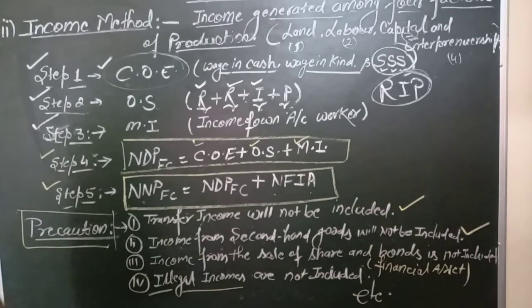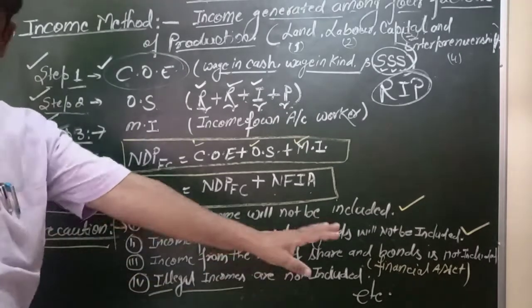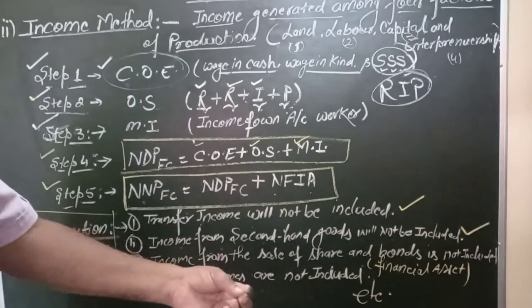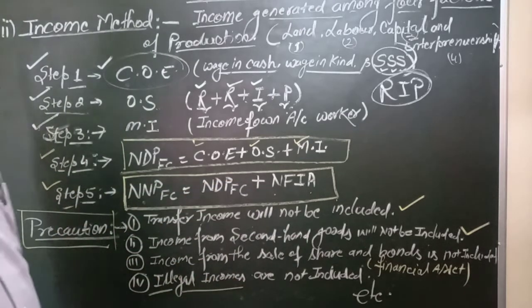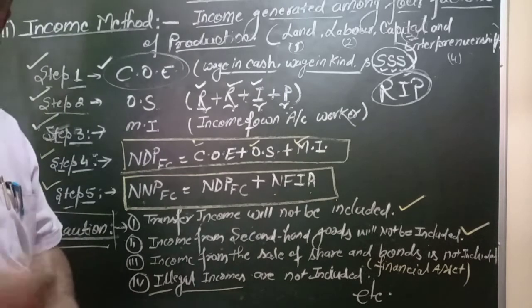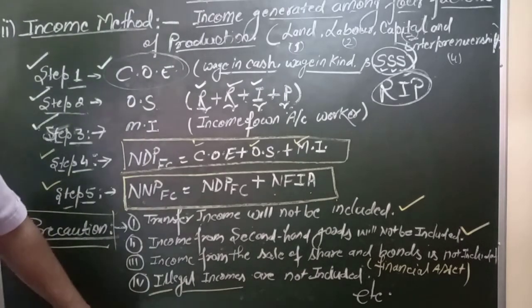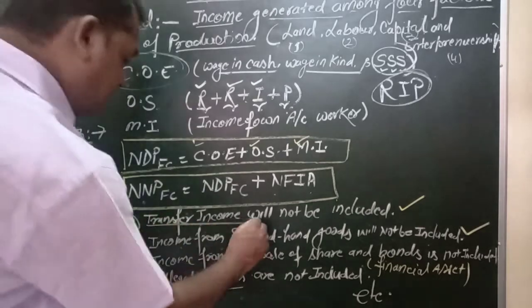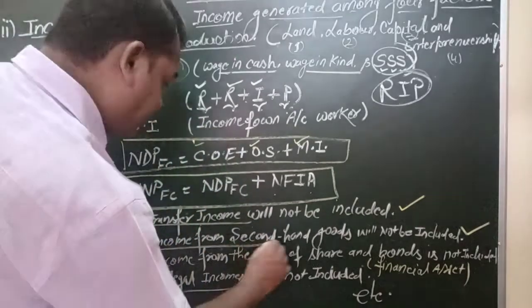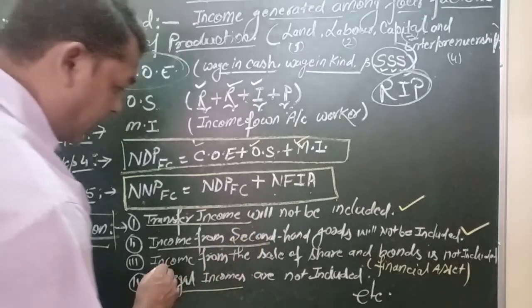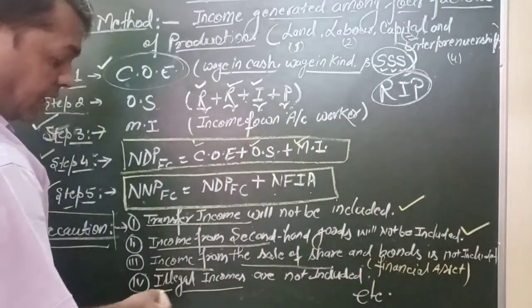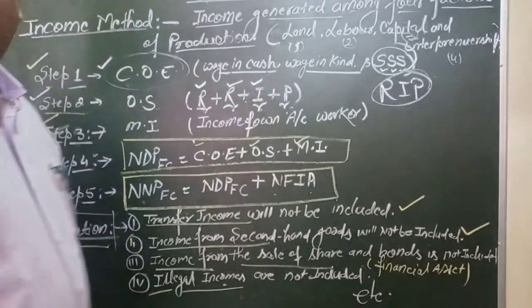Indirect taxes also will not be included here. Then, payments of accumulated savings are not included here. For further details you can see it here. So first of all, transfer incomes will not be added, income from second hand goods will not be added, income from the sale of shares and bonds, meaning financial assets, will not be added, and illegal incomes will not be added.